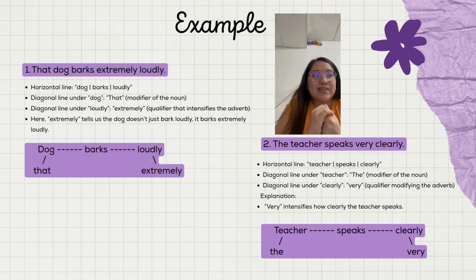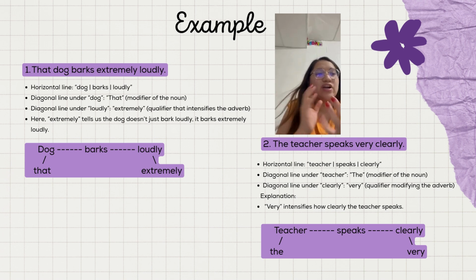Number 1: The dog barks extremely loudly. Horizontal line: dog barks. Diagonal line under dog: the, which modifies the noun.